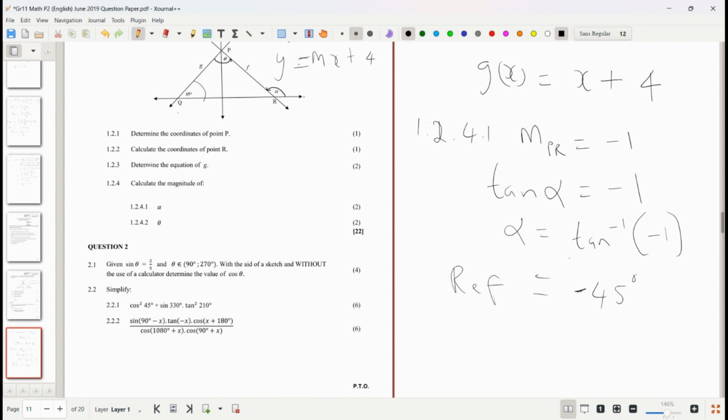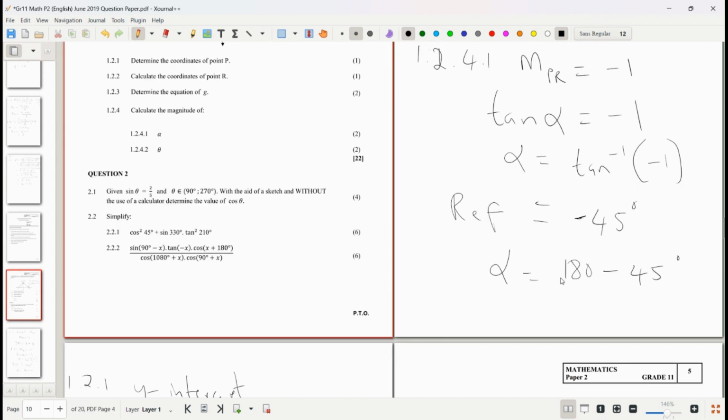So in order for us to find this angle here, we know angles add up to what? To 180 degrees. So it means that alpha will equal to 180 minus 45 degrees. So you'll have 180 minus 45, you'll have 135.